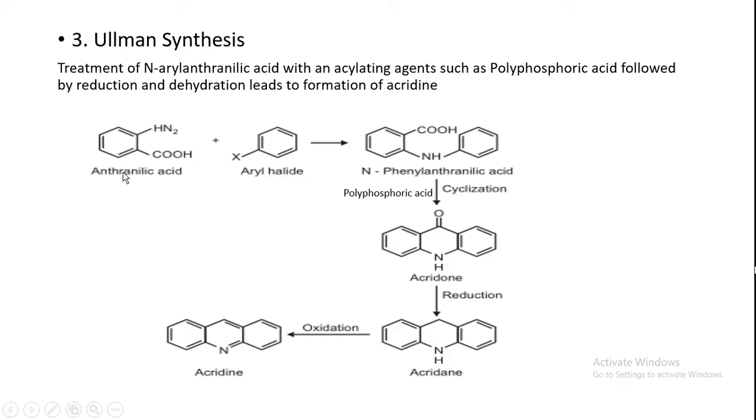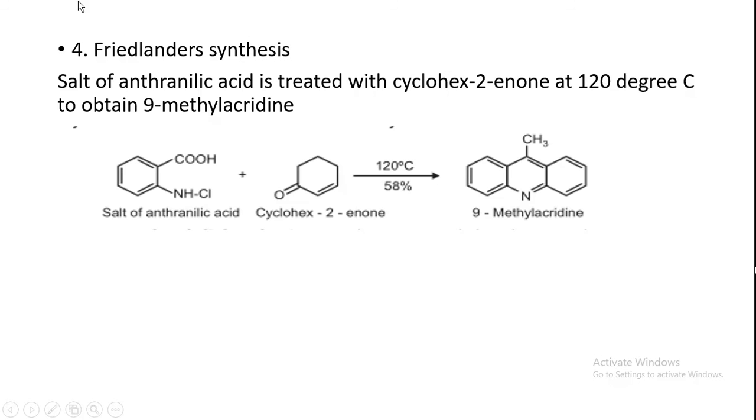You have to react anthranilic acid with an aryl halide. So there HCl will be removed, NH2, this is NH2, to give this N-aryl anthranilic acid.